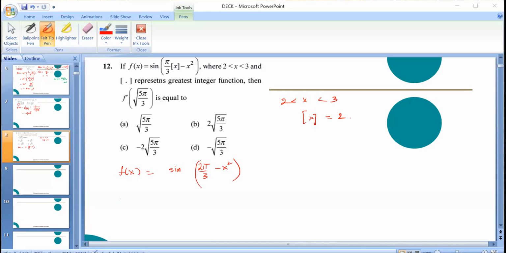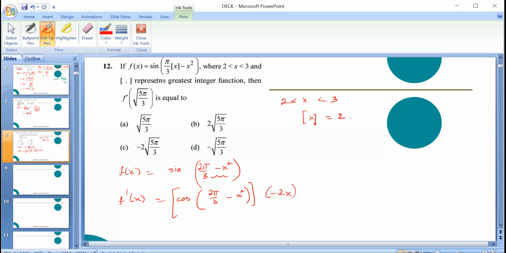Find the derivative. The derivative of sine is cos of (2 pi by 3 minus x squared), and the derivative of the inner function is minus 2x.